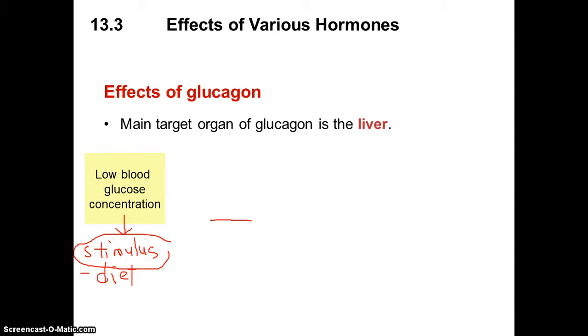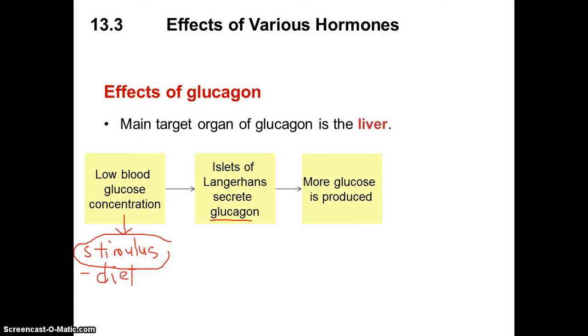When there are low blood glucose concentrations, for example, when you are on a diet or after exercise, this triggers the islet of Langerhans to secrete glucagon.